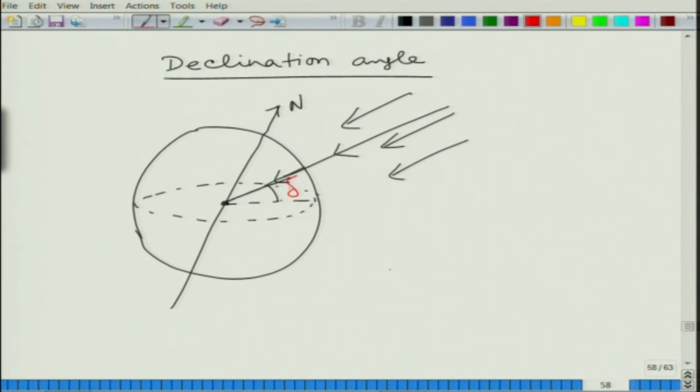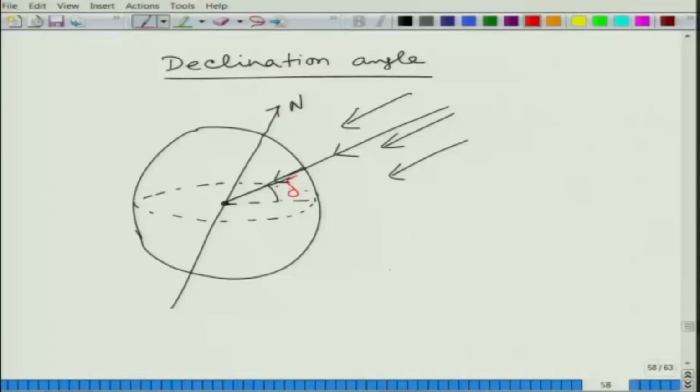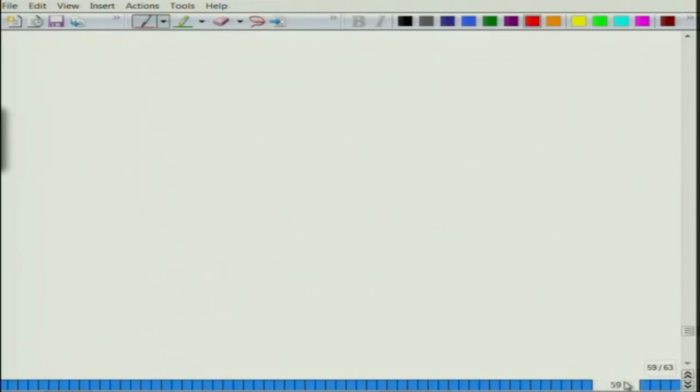Now, if we think of it in terms of the earth's position in its orbit, then let me go to the next page.